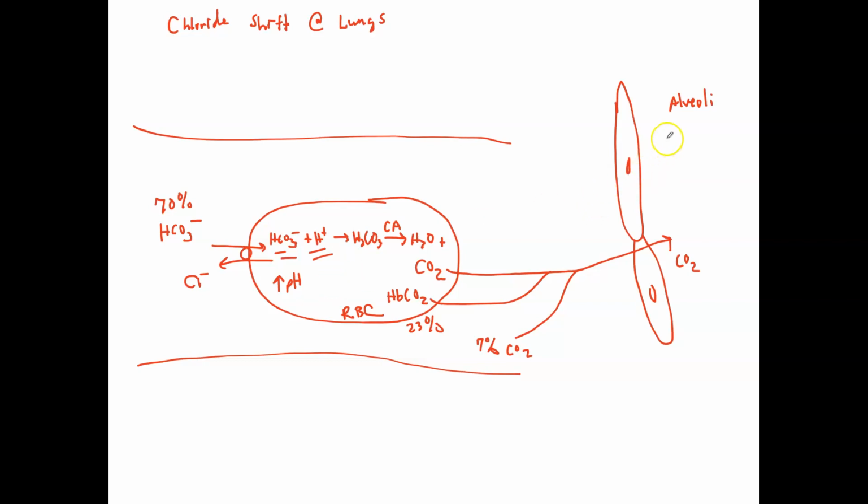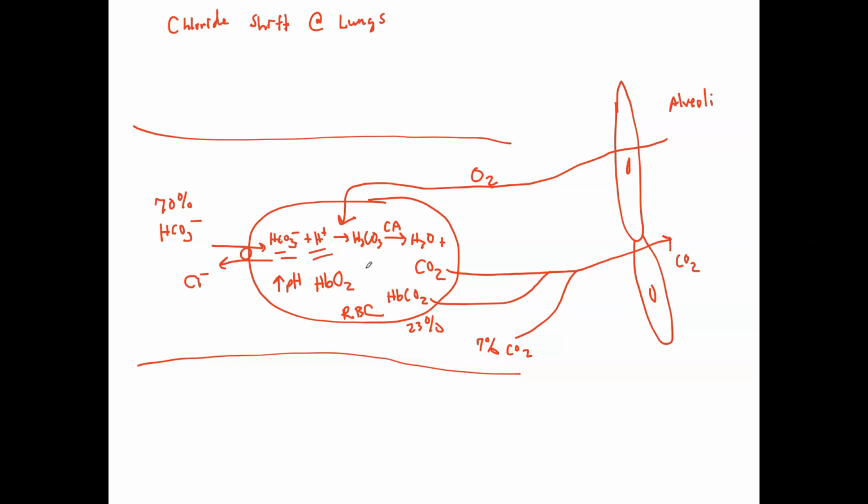So what we're going to see is the oxygen that leaves the alveoli is going to come into the red blood cell, and that oxygen now is going to combine with hemoglobin to form oxyhemoglobin so that we can transport that oxygen out to our cells and tissues and organs so that they can then perform aerobic metabolism.